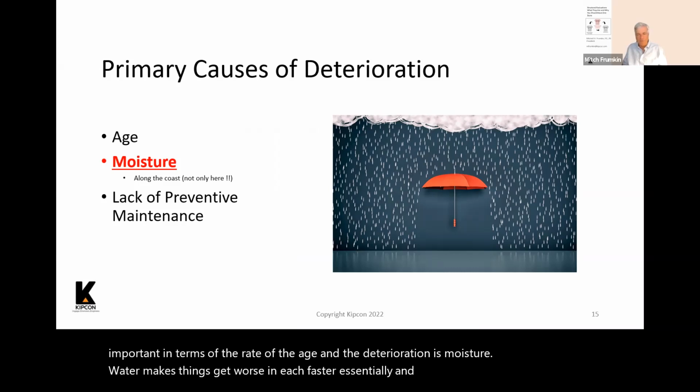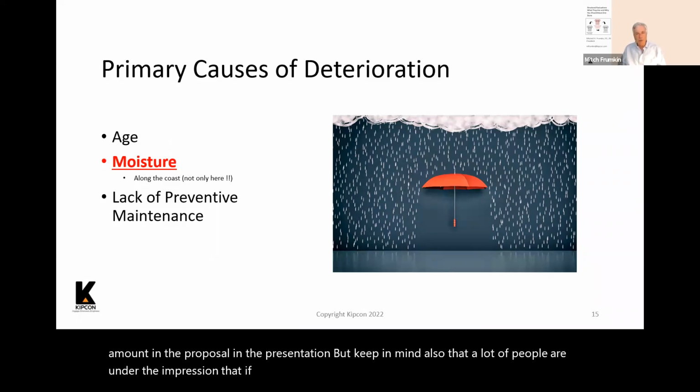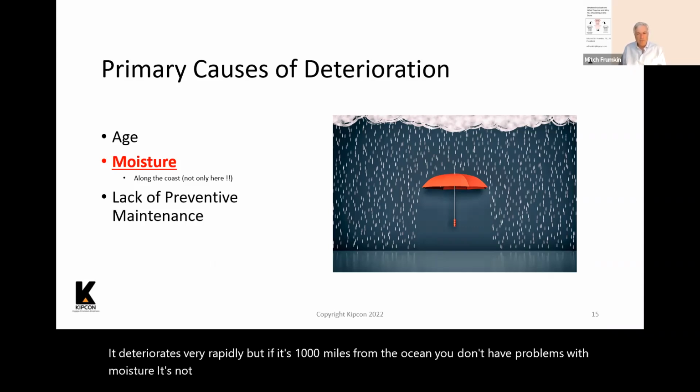And I'm going to talk about that a fair amount in the presentation. But keep in mind also that a lot of people are under the impression that if a building is next to the ocean, it deteriorates very rapidly, but if it's 1,000 miles from the ocean, you don't have problems with moisture. It's not true. Basically, salt water makes things deteriorate faster, but water makes things deteriorate. So it's not just along the coast, clearly.